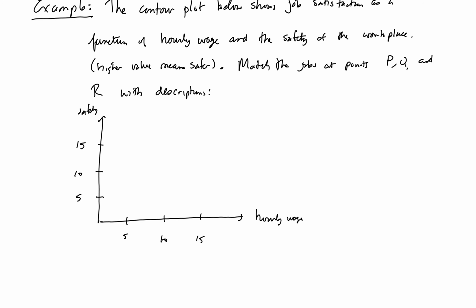And so let's suppose our contours look something like this. Okay, now let's label our spots. Let's call this one P, this one Q, and this one R.